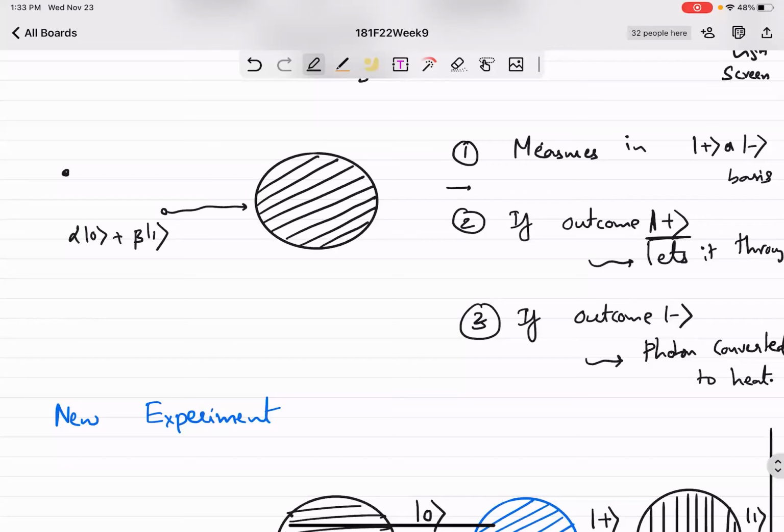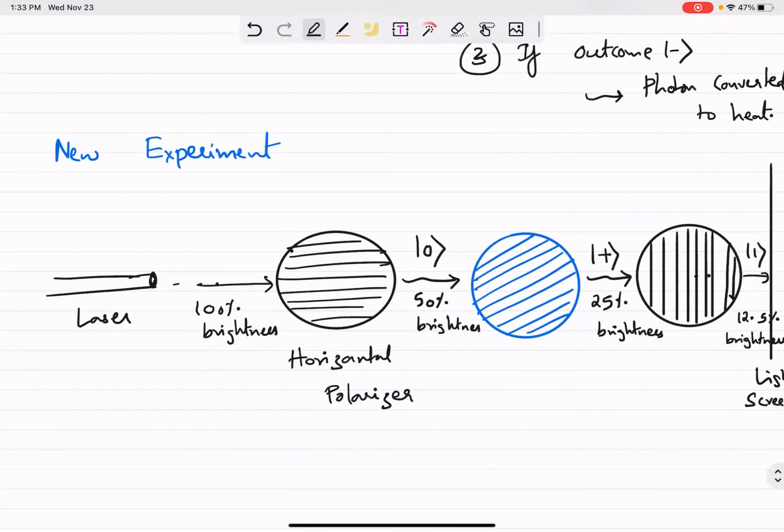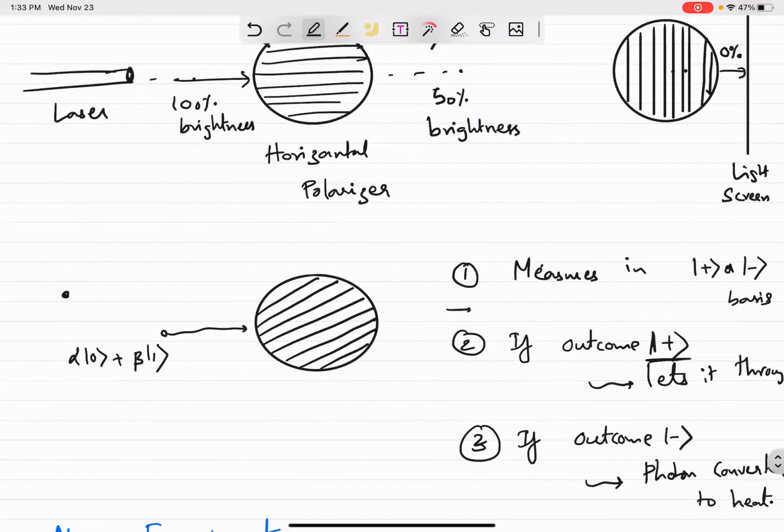If the horizontal filter forces the photon to be zero, then how can it pass through the diagonal? Right. So the diagonal filter, what does it do, right?